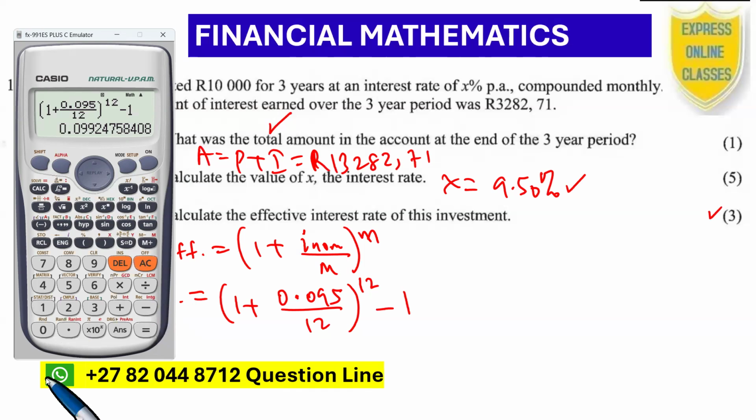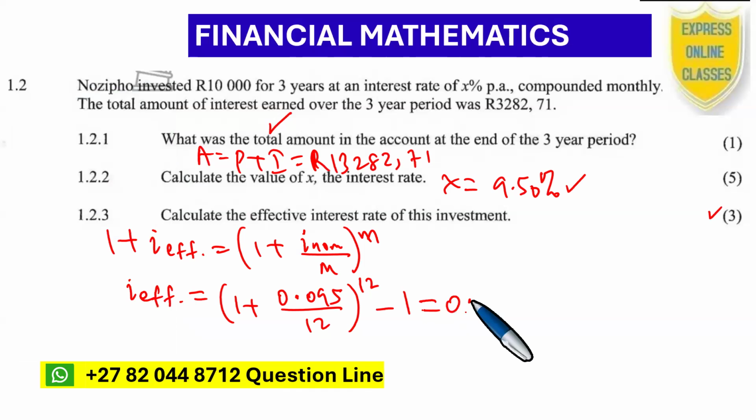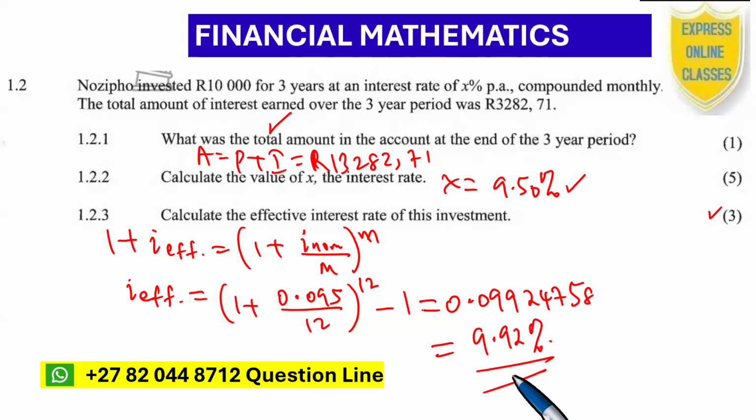It's exactly this one here, but obviously we still need to multiply by 100. So the effective rate of interest is exactly 0.0992, 47.58. We multiply it by 100. The decimal point is going to move 2 places to the right, 1, 2, giving us 9.92%.